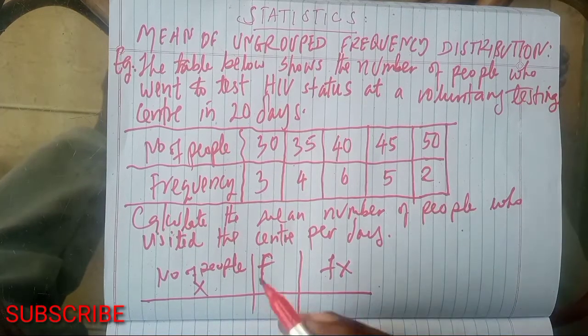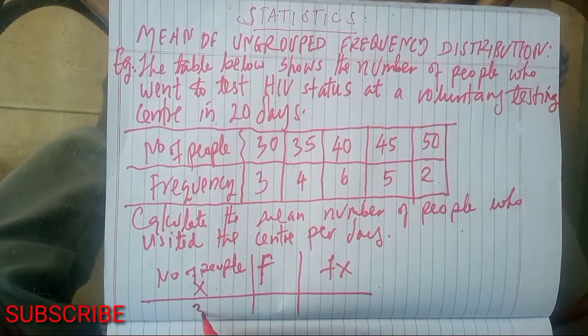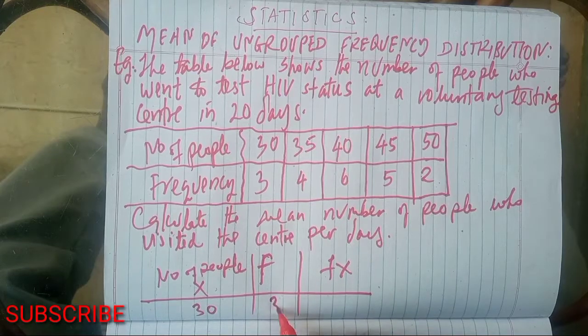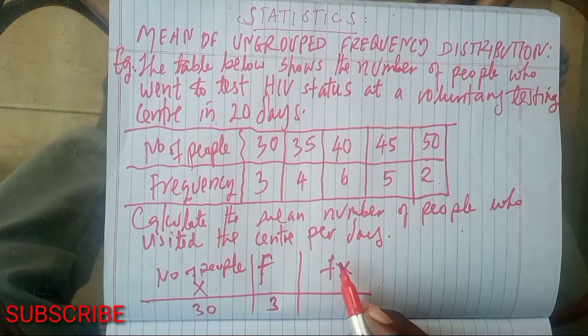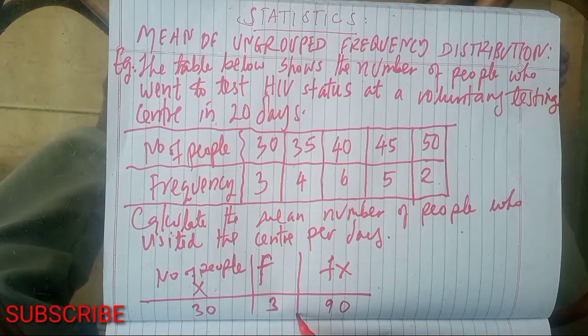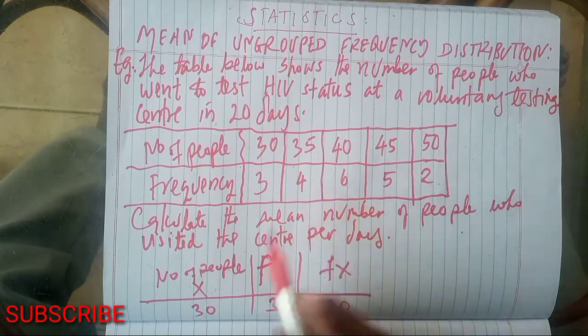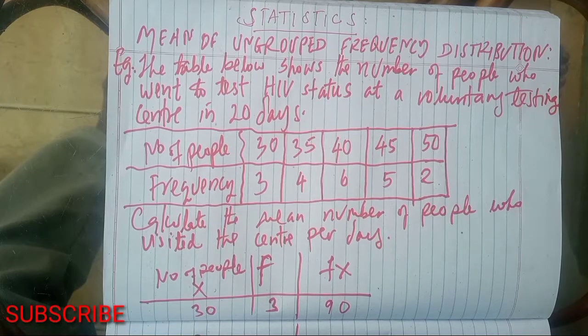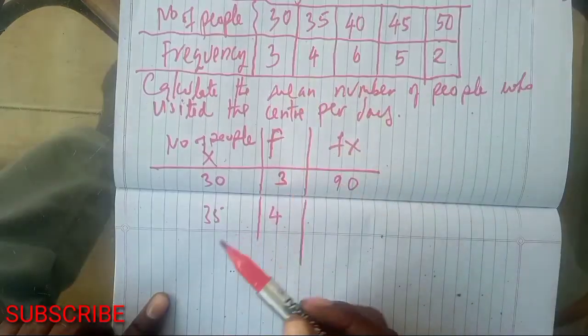From there you have number of people were 30, 3 days, and this one is fx. Unachukua x mara f, it is now 90, and the other one is 35, then 4, and the next one is 40.